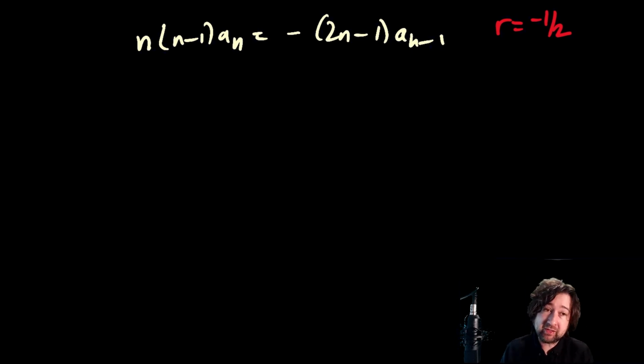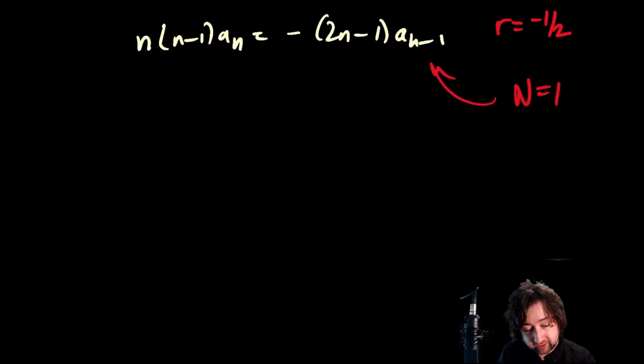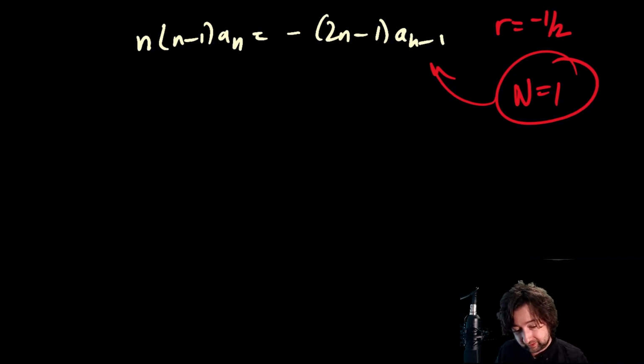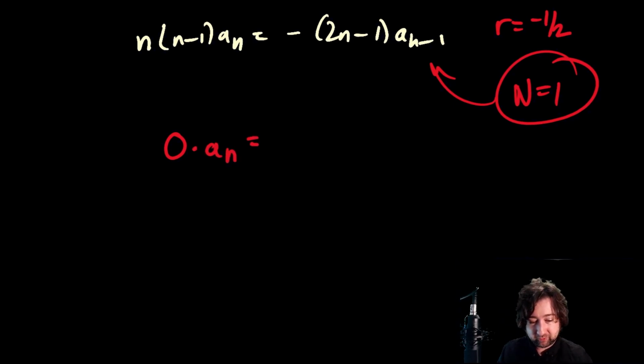So what does theory say we're supposed to do? It says we're supposed to take this and plug in capital N equal to 1, because if it's going to go wrong, that's where it's going to go wrong. So what do we get? Well, as expected, the left-hand side turns into 0 times an. And on the right-hand side, when I plug in 1, I get minus 1 times an minus 1.